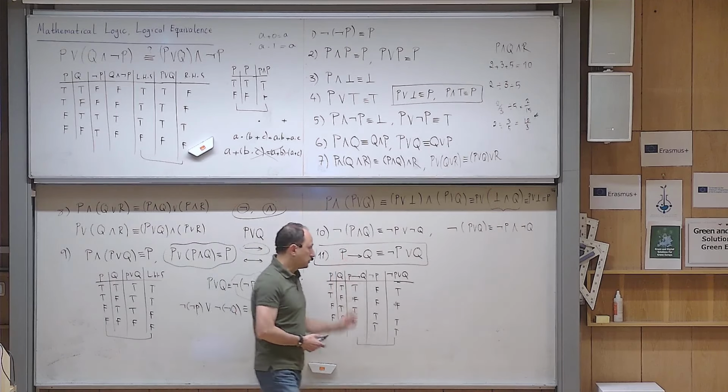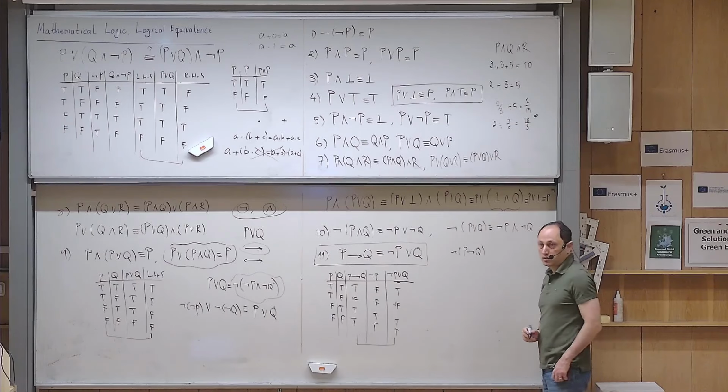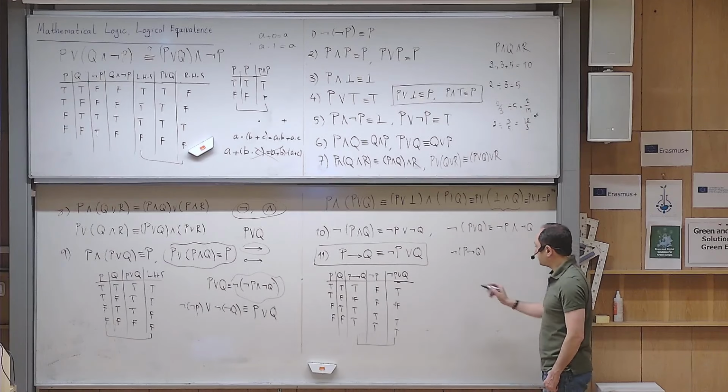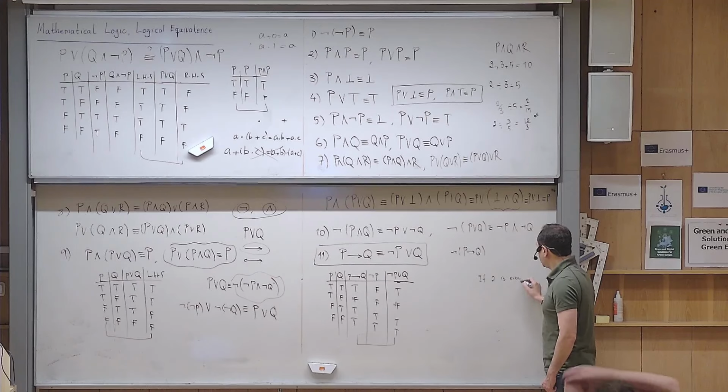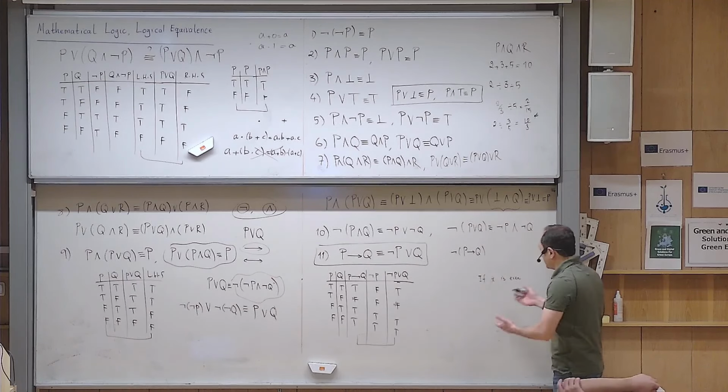Okay, what is the consequence of this one? If I ask you to find the negation of a conditional, what is the negation of the conditional? So let me write like this. If x is even, of course this is not a statement, but you can consider it like that. If x is even, then x squared is even.